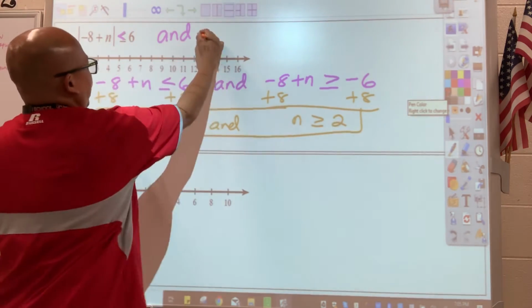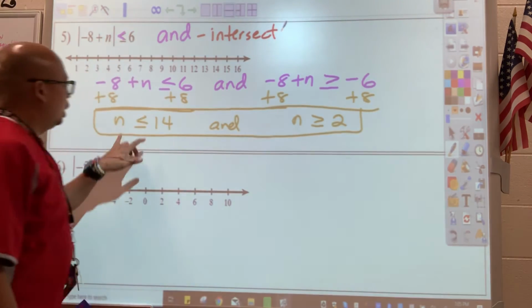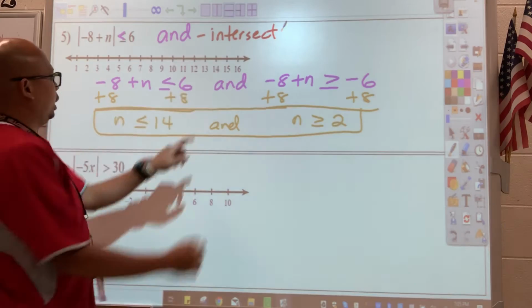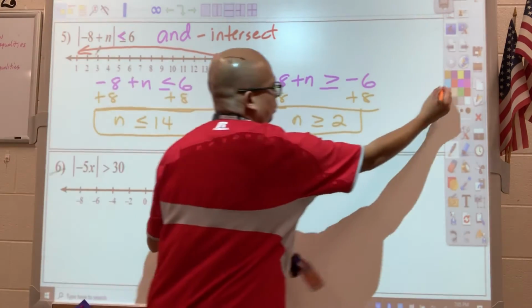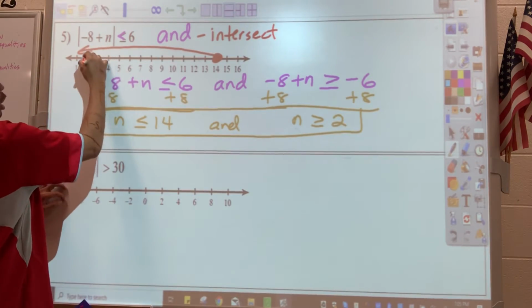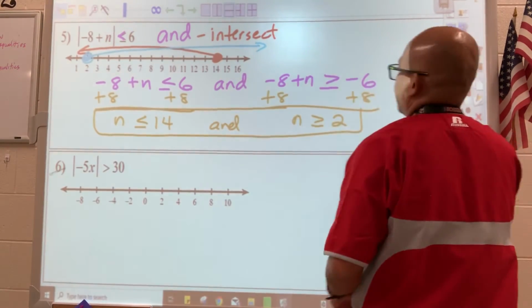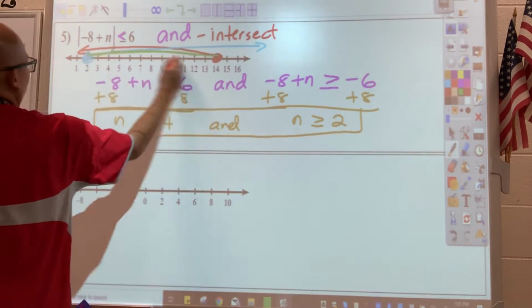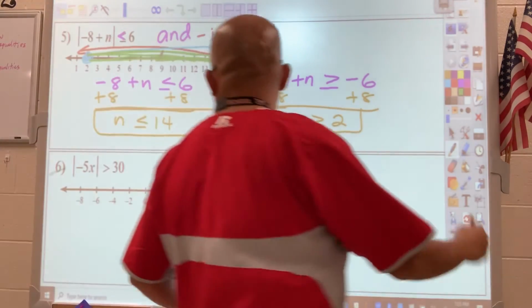Again, it's an and, so we expect an intersecting graph. The 14 is right here, closed, going to the left. The 2 is right here, closed, going to the right. Did the blue and red intersect? Yes, they intersected right here, so we can just connect them. Simple, right? Number 6.